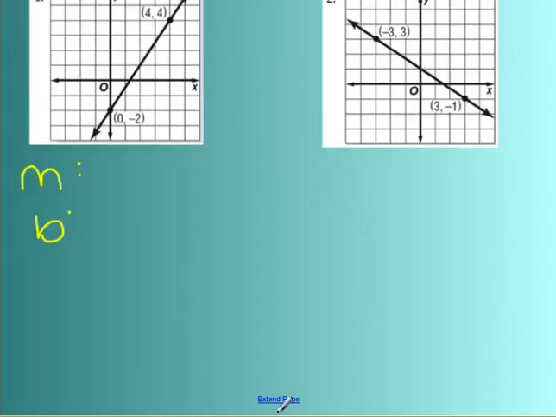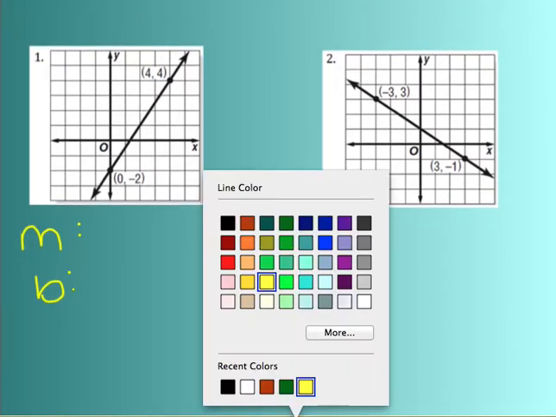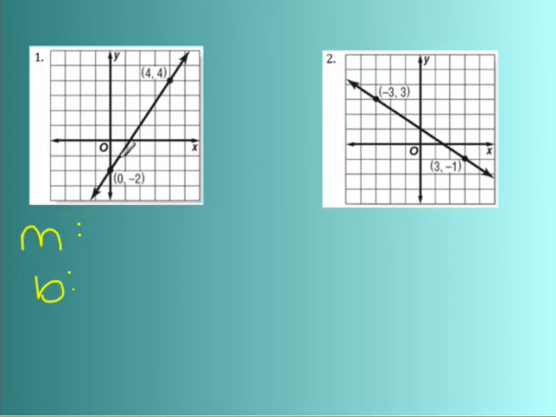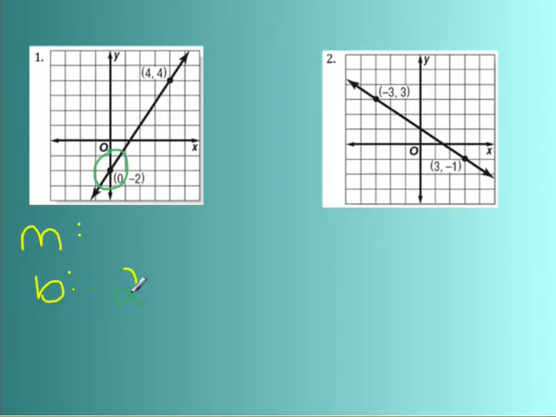My y-intercept is really easy to find because I'm just going to look at where it crosses the y-axis. It crosses the y-axis right here, and at that point x is equal to 0, and y is negative 2. So my y-intercept is negative 2.